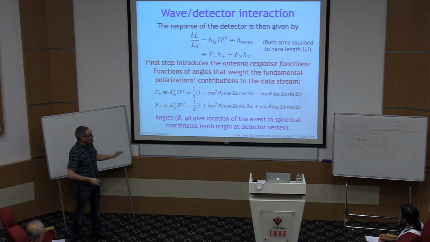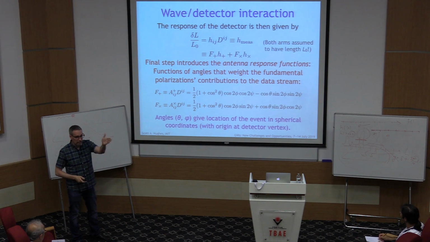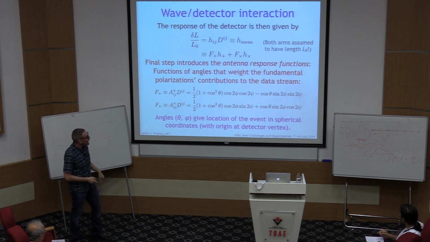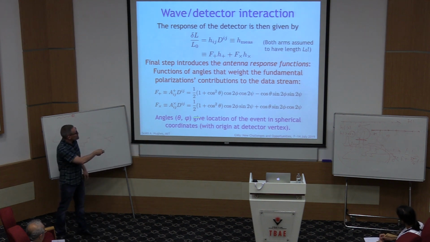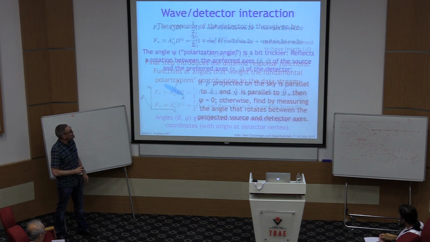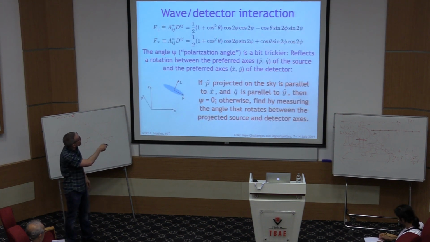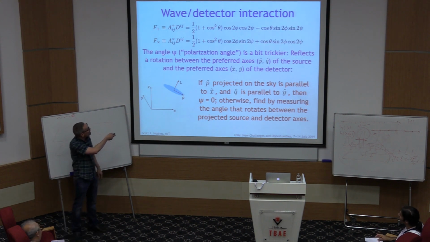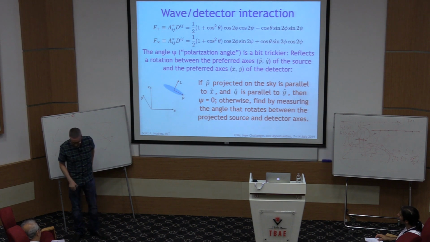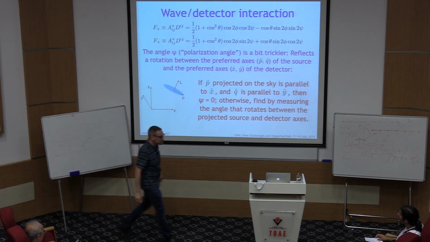The angle psi, which I'll describe in a bit more detail, Badri also went over this, but this is a little bit confusing. I find it useful to describe it again. This is the so-called polarization angle. So two of these angles tell me where the event is located in spherical coordinates. The angle psi, so again, imagine that I have my source, I'm looking at it on the sky.